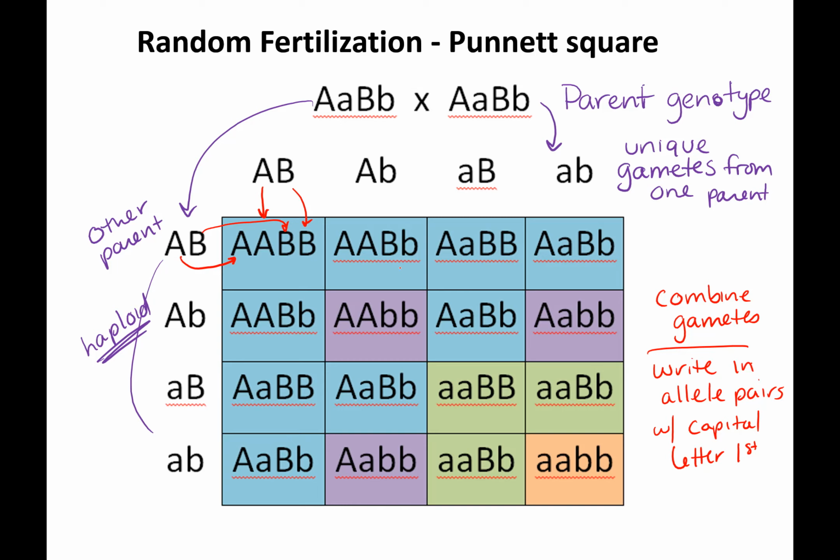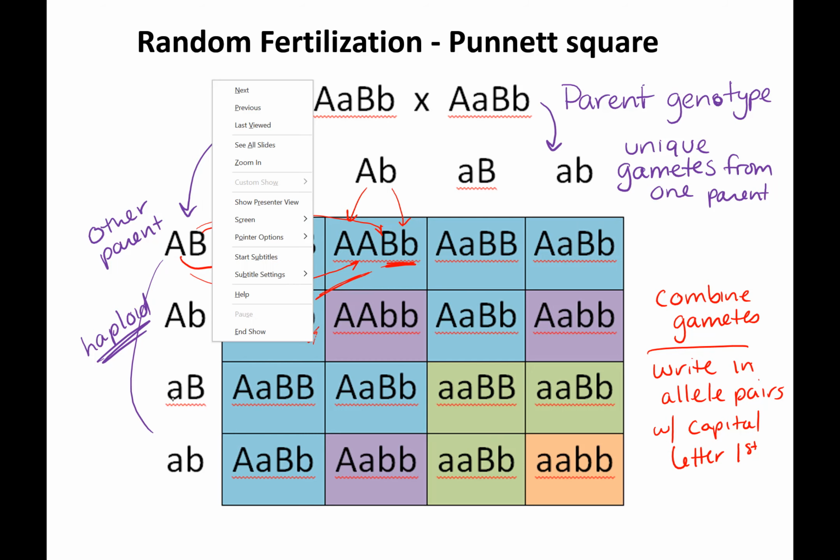So for instance, this one has two big A's, and then it has one large B from one parent and a little b from another parent. And this one has the same genotype, but they got the little b from the other parent.